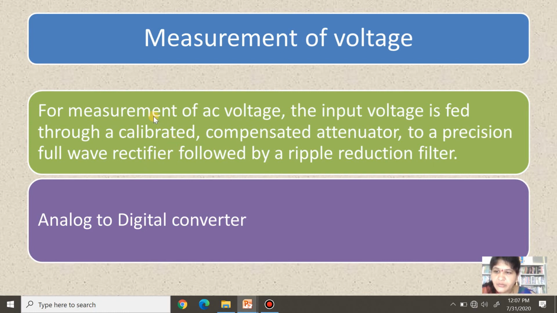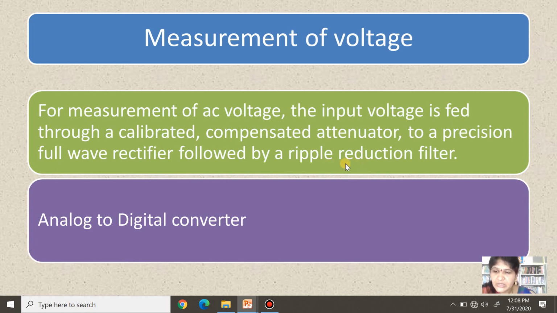When we are measuring the AC voltage, the input voltage is fed to the calibrated attenuator, then it goes to the precision full wave rectifier, which converts the AC voltage into a DC voltage, and then it passes through the ripple reduction filter, which filters the signal.